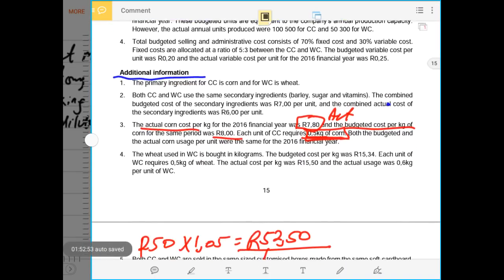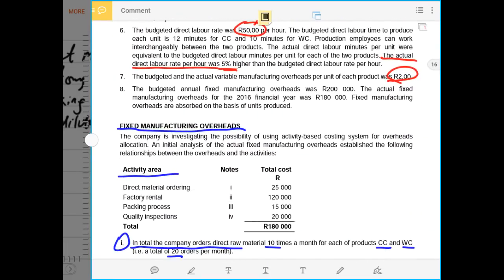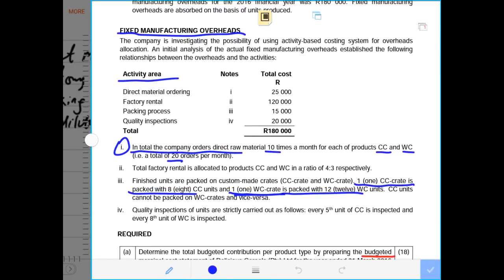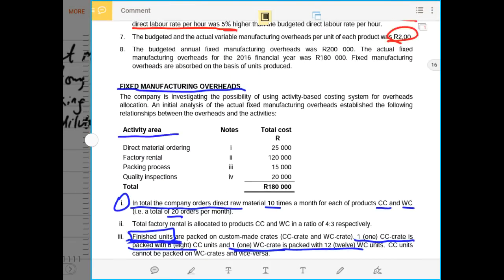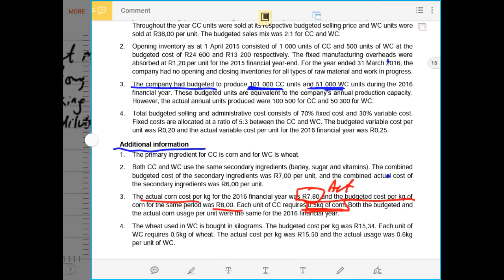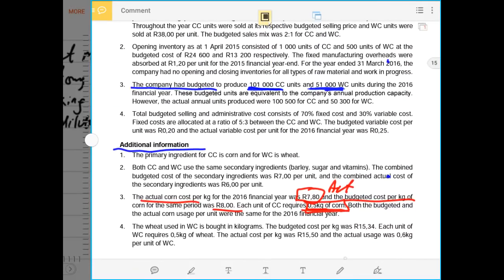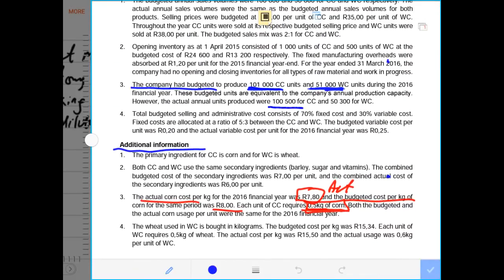Now under the packing process, they are telling us very clearly that our units are finished. Remember, finished goods are the goods that are already finished. In this case, we budgeted to manufacture 101,000. However, we actually manufactured 100,500. So these are not finished goods, but they are budgeted to be finished. So the actual finished goods are 100,500 and 50,300.